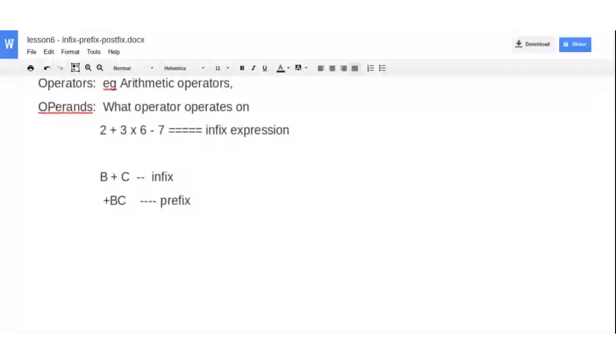So this is an expression that has been written in the prefix format, where the operator is written at the front of its operand. So the operator is at the front of its operand.